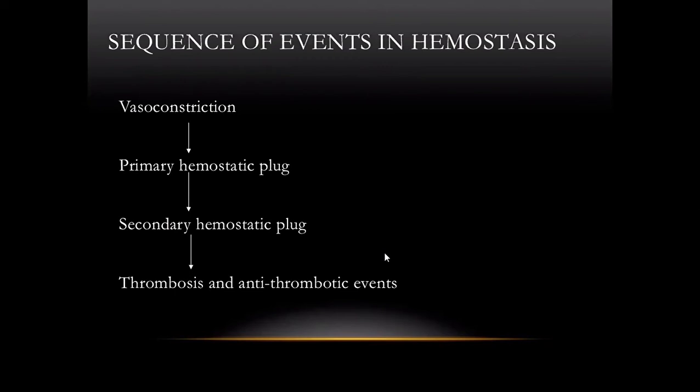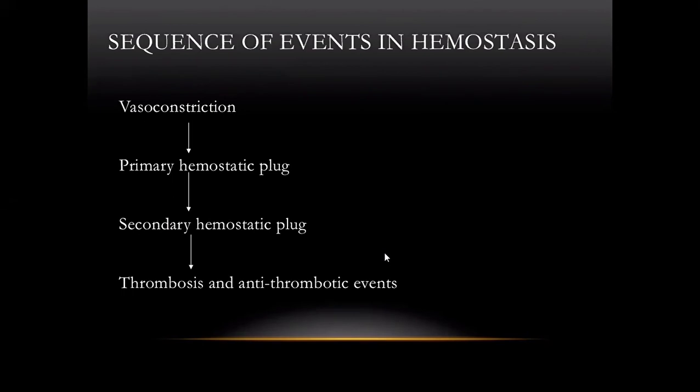The first event is vasoconstriction, which can help to deliver all the nutrients or the necessary molecules or ingredients needed to produce a primary hemostatic plug. Since primary hemostatic plug is not strong enough, kailangan mag-form ng secondary hemostatic plug.